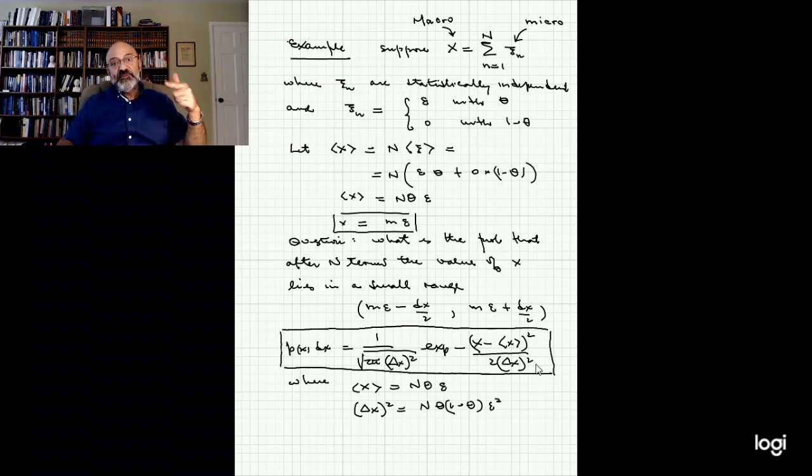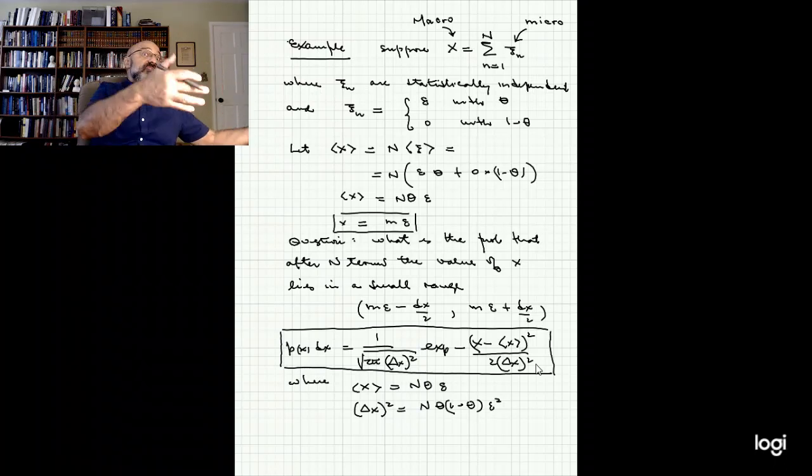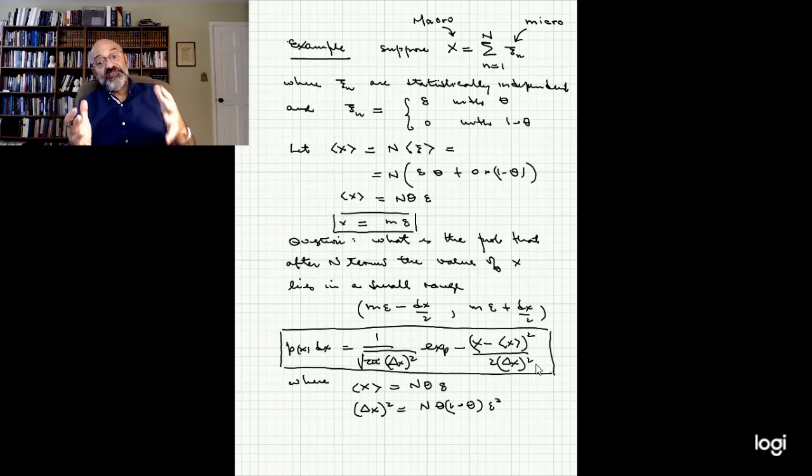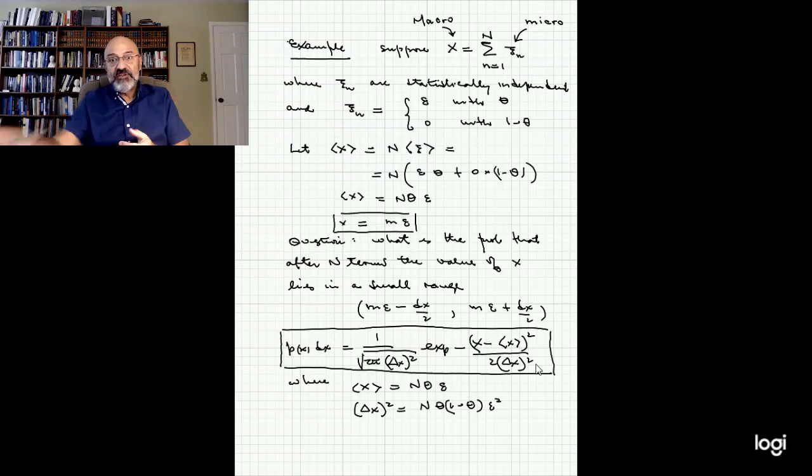This explains why Gaussians appear in thermodynamic fluctuations, because typically a thermodynamic fluctuation is going to arise. A thermodynamic fluctuation in energy. Well, the total energy of the system is going to be given by adding the energies of individual atoms. So that's exactly the kind of thing that you're doing here.